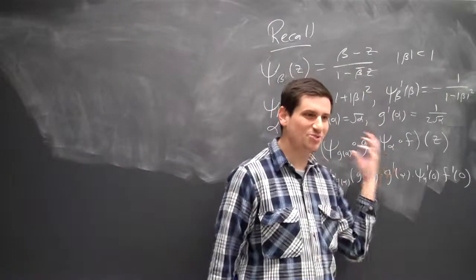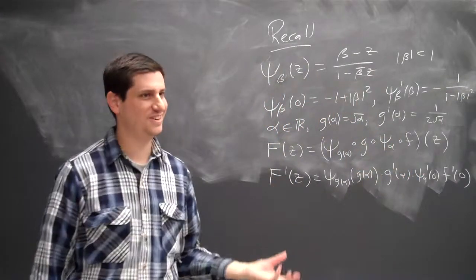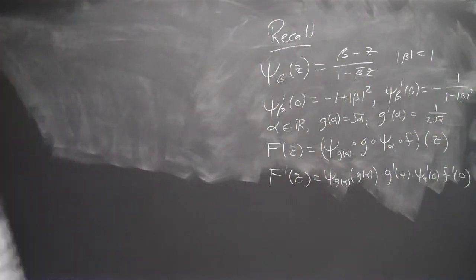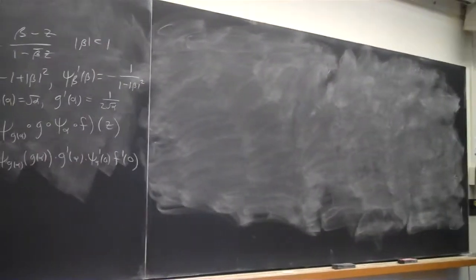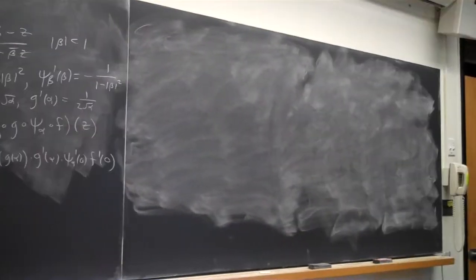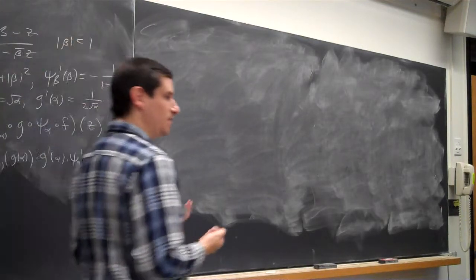But there's no need to directly appeal to the Schwarz lemma. Let's just calculate the derivatives. In fact, I believe that we can completely avoid using the Schwarz lemma for the proof of step 3. So why do we still do the Schwarz lemma? It's still a good thing to know. It's a nice thing about the properties of complex analytic maps.